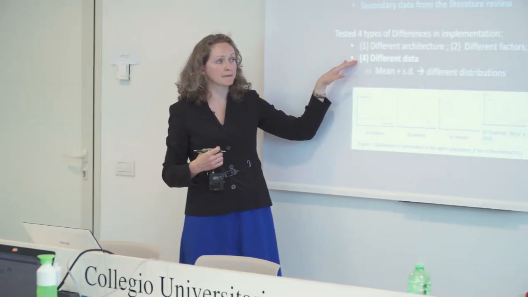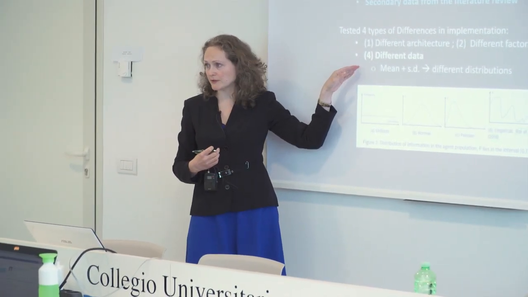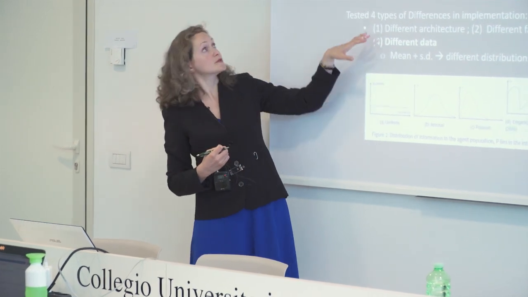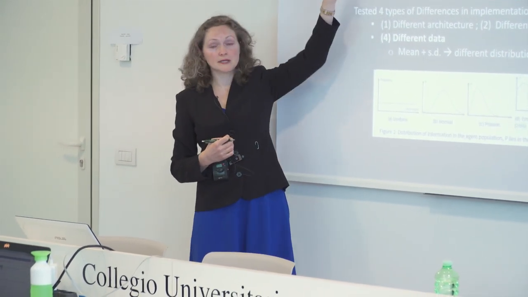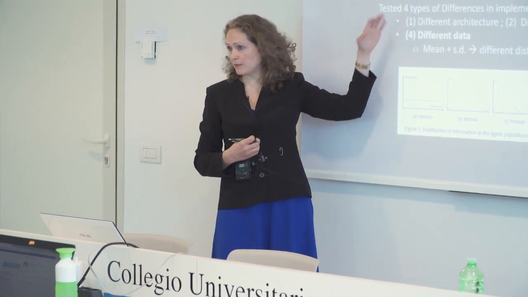But here I would just like to draw your attention to the different underlying distributions in the data that we tested as well. Very often, in this case, we didn't have all the data we were interested in on a particular parameter.